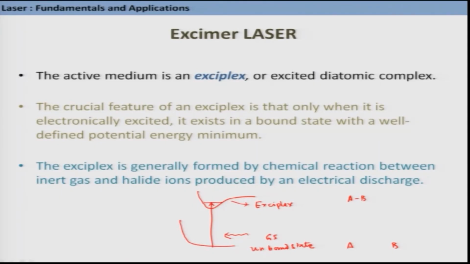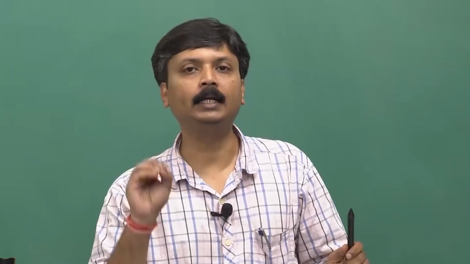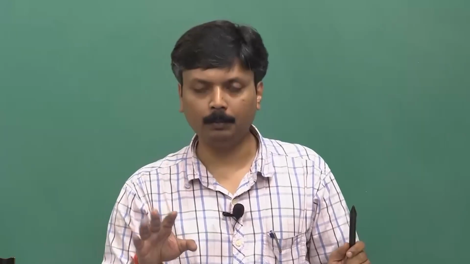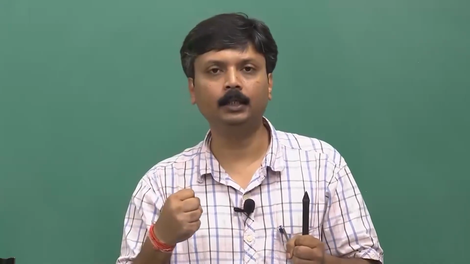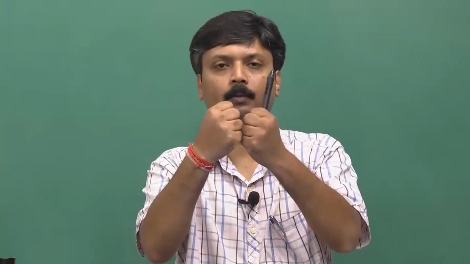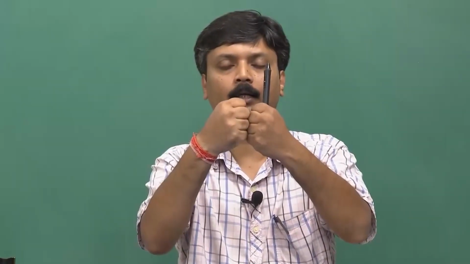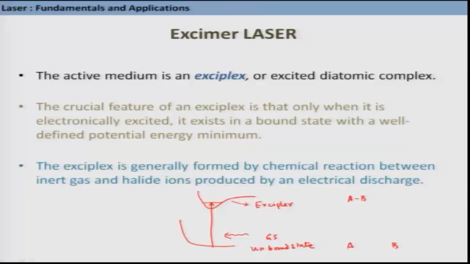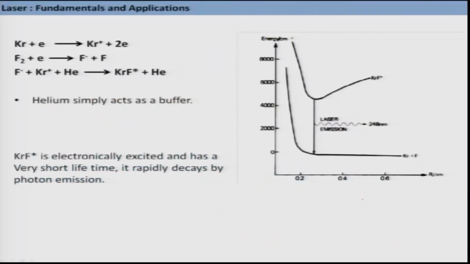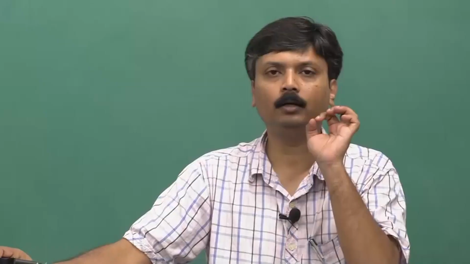Okay, so how can this exciplex be formed? Exciplex can be formed by giving electrical discharge. Okay, so suppose I have two different gases and I put electrical discharge, then these two molecules will be excited and form a complex, and that is my exciplex. So let's look at this problem a little bit in detail, taking some example. So let's take an example of a system comprising of krypton and fluorine.